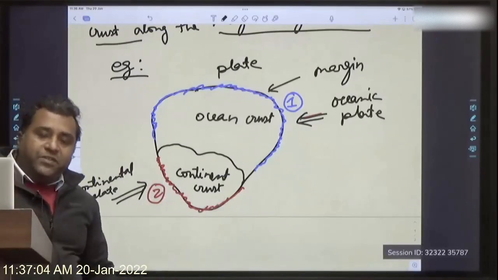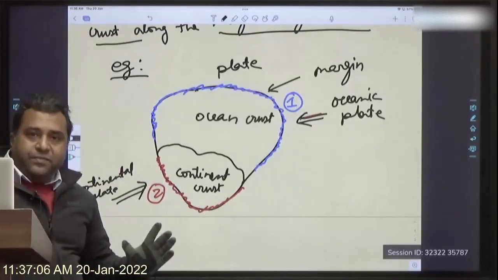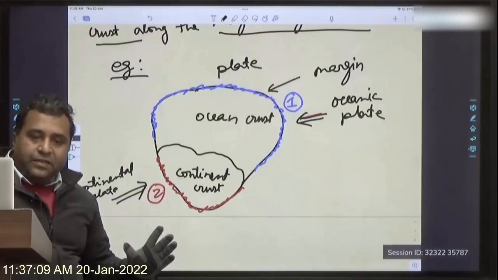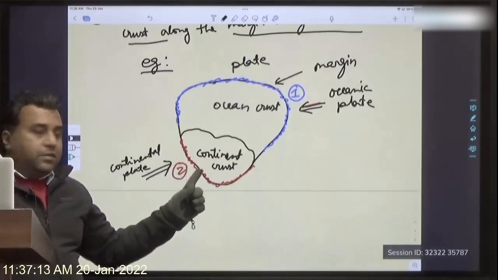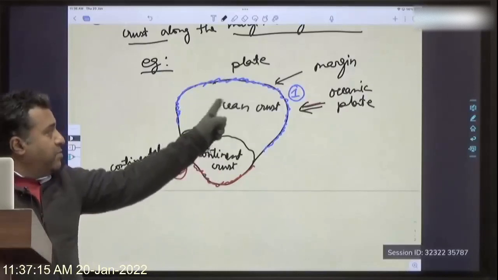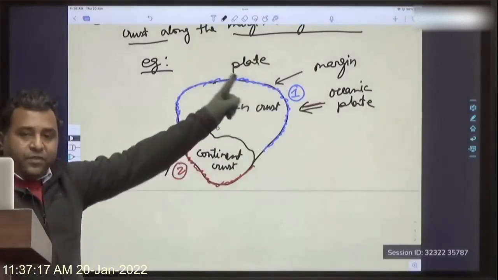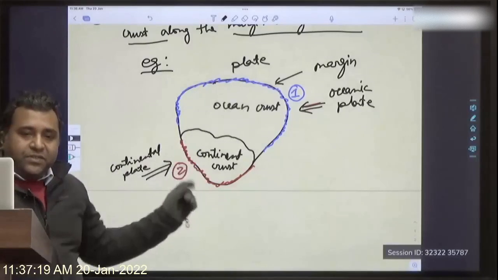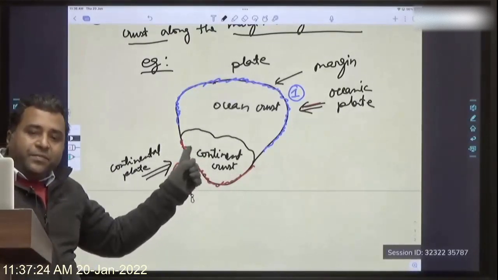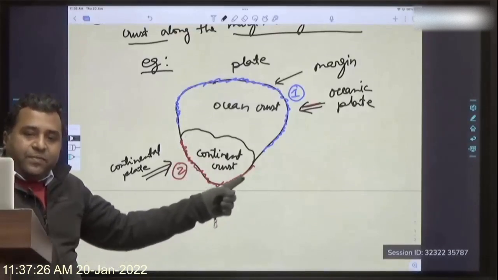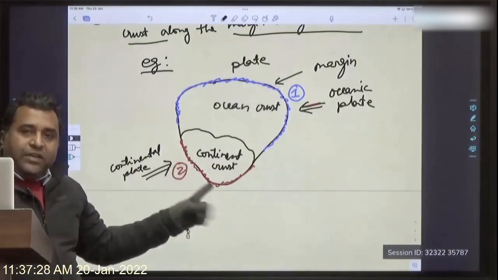What type of crust is there? Based on that we'll say. Okay, is this clear? Do we get it? So the same plate might become an oceanic plate if we are seeing it from the margin on which the oceanic crust is there, and the same plate might become a continental plate if we are seeing it from the margin where continental crust is there.